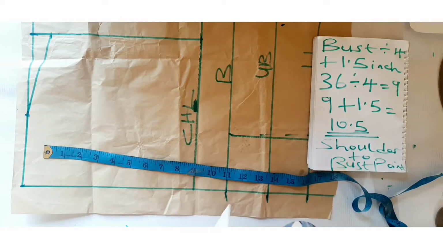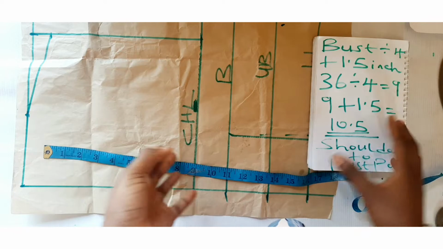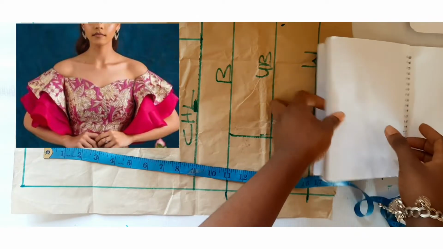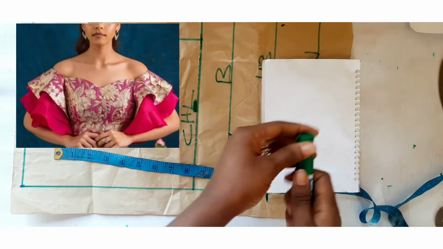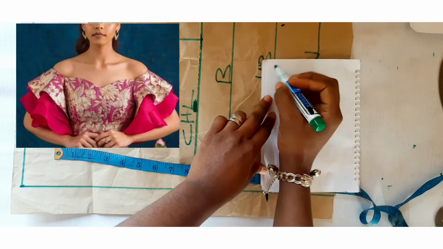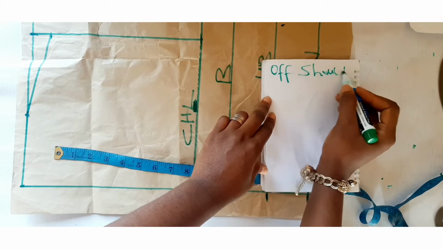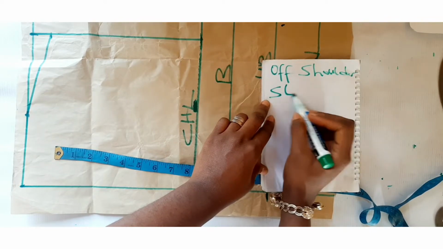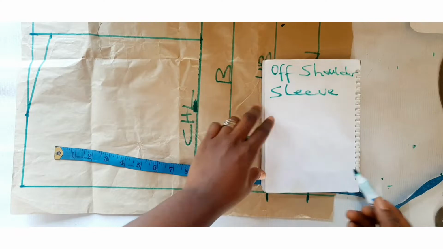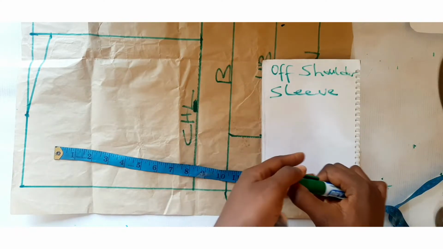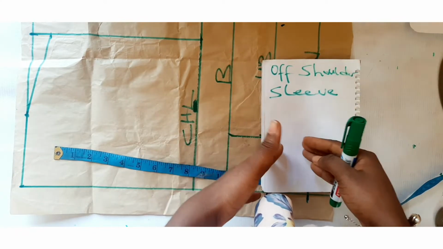All right, another formula we're going to look at is how to get your off-shoulder sleeve after making your off-shoulder. How do you calculate to know the actual sleeve you need for your round shoulder?